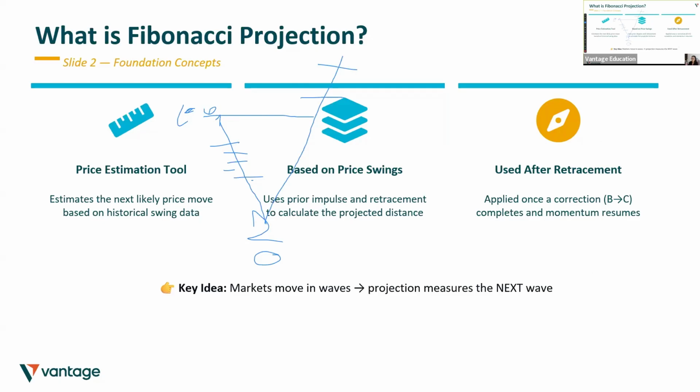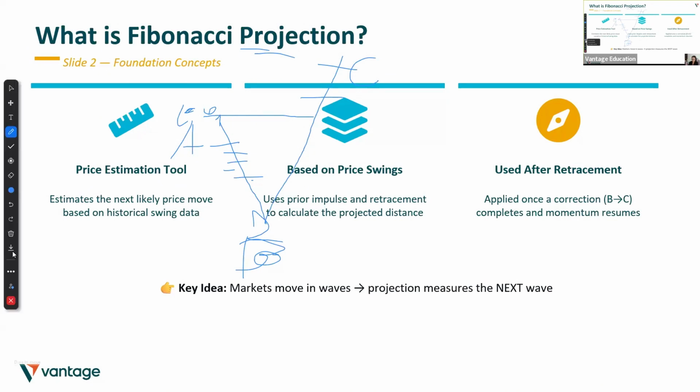But for projection, you apply it once B to C is formed, meaning this is going to be A, this is going to be B, and then you see the C. Then you use Fibonacci projection to complete the move, where momentum resumes. Don't get confused, I will show you on the real chart later.